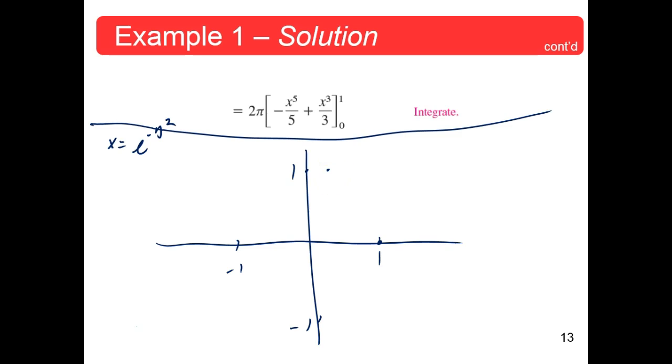Now, you can do some value in between, or you can just cheat and look and see what they got. And they got something that looks like that, a little bit. So that's the volume that you got. And you're revolving this around the x-axis, right?